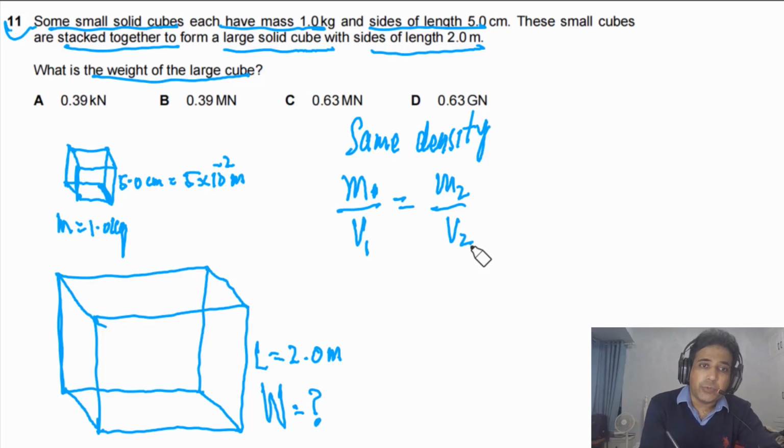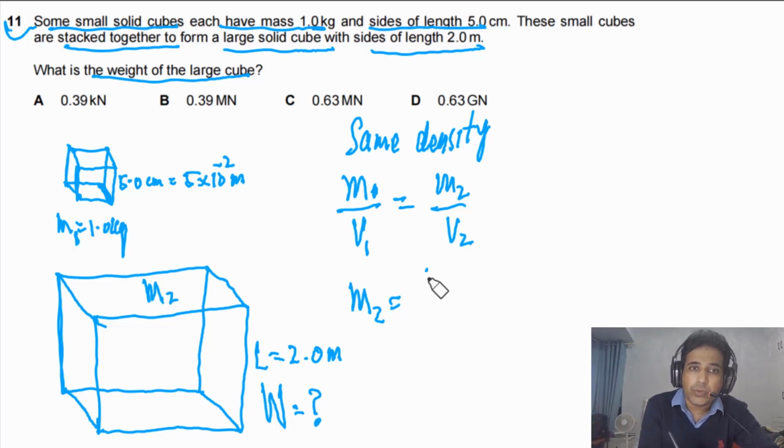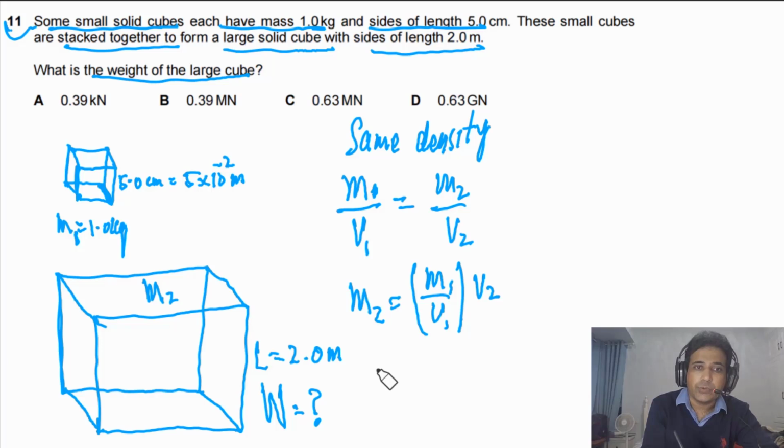From here we can find the value of m2, the mass of this cube. The mass of the small cube is m1 and the mass of the large cube is m2. So m1 over v1 times v2 is equal to m2.